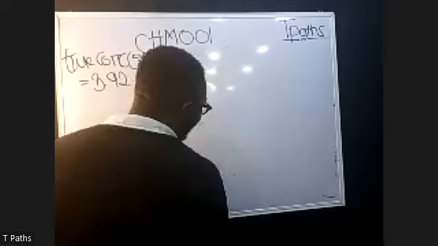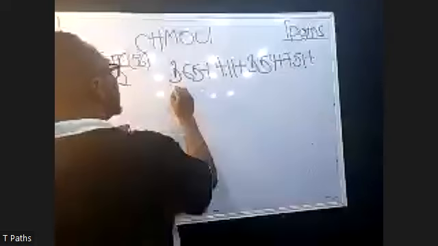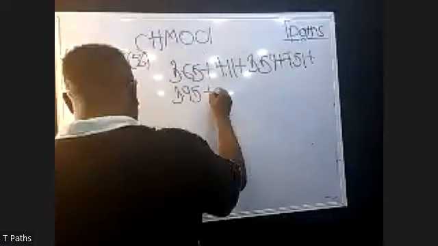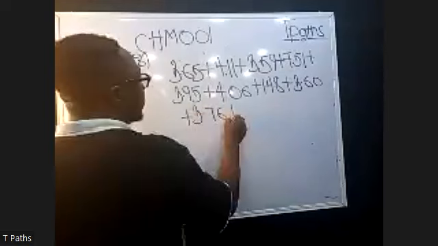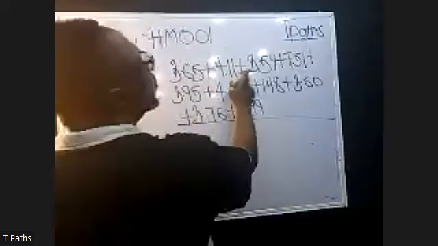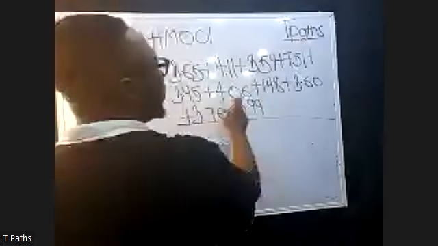So in that question, I have 6.5 plus 4.11 plus 3.59 plus 7.51 plus 3.95 plus 4.06 plus 1.48 plus 3.60 plus 3.76 plus 3.99, divided by the count: 1, 2, 3, 4, 5, 6, 7, 8, 9, 10.